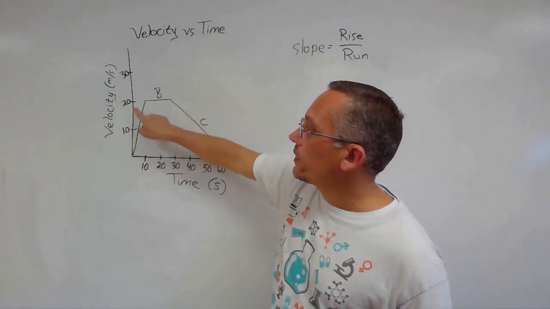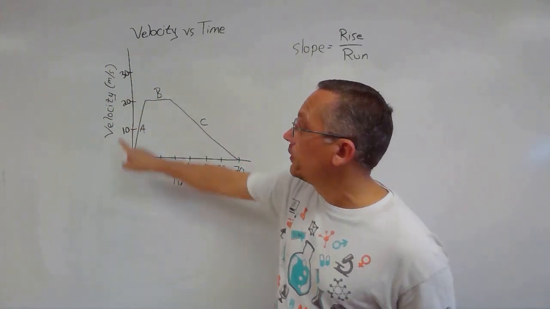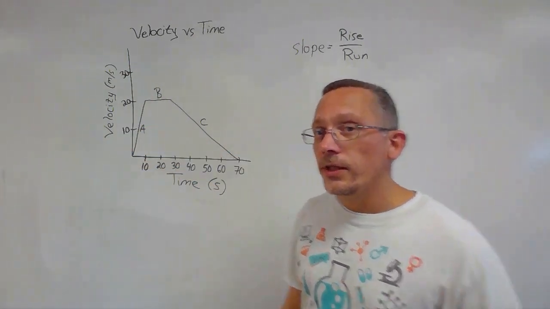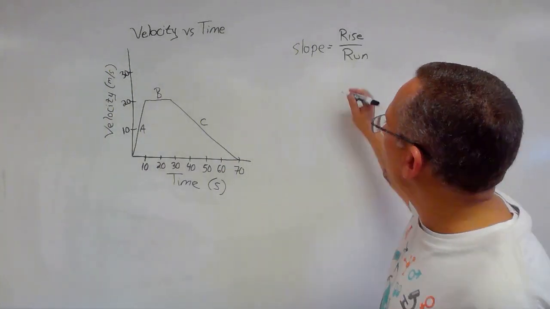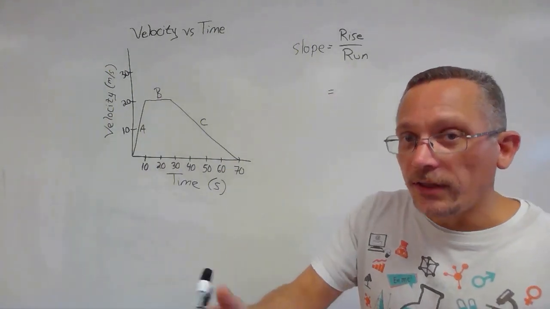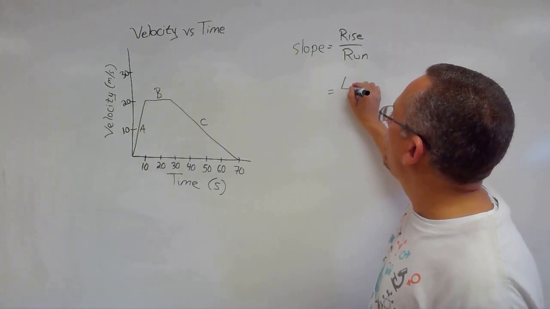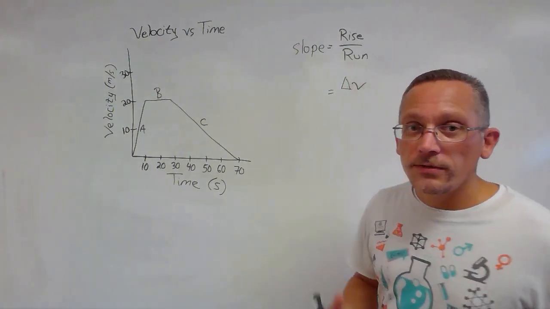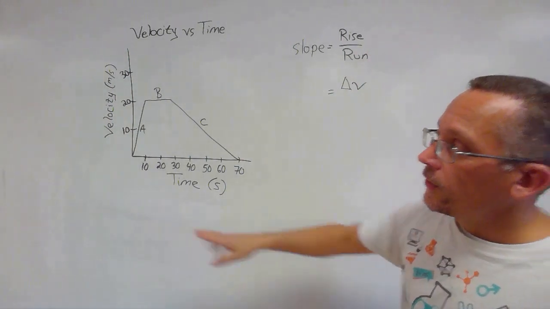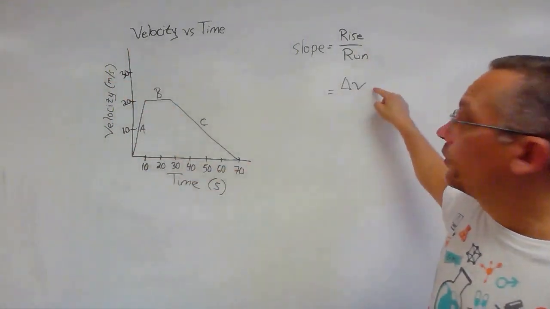Well, what's on the y-axis? It's velocity, right? So the change in velocity. How can I write that with variables? The change in velocity: change is delta, and velocity is v.